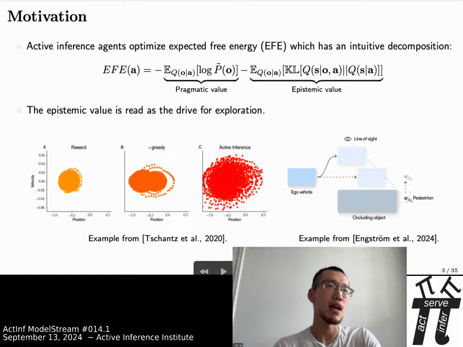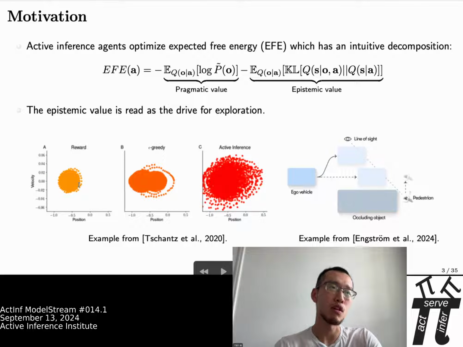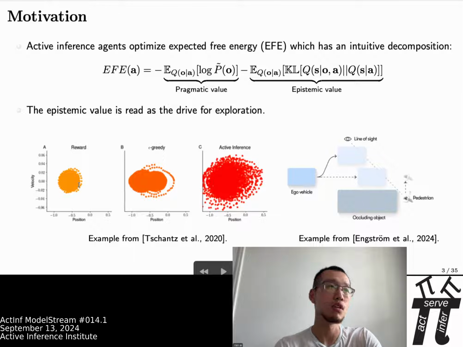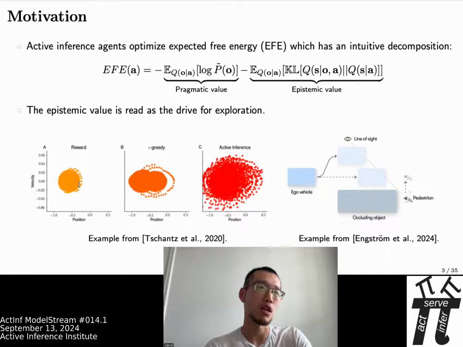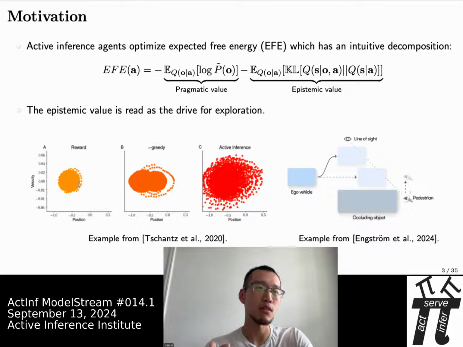Active inference agents have a much larger coverage of the state space versus reward-maximizing agents. This potentially allows the agent to learn a better and more comprehensive model of the environment, which also turns out to enable better action selection and actually achieving higher reward.